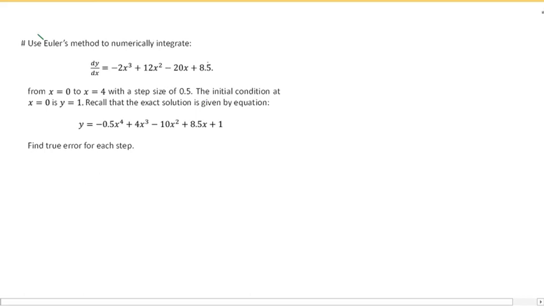So we can say this is dy by dx, and it equals a function of x comma y, that is the function of slope. What we need to calculate first is, using Euler method, we will be predicting y at 0.5.